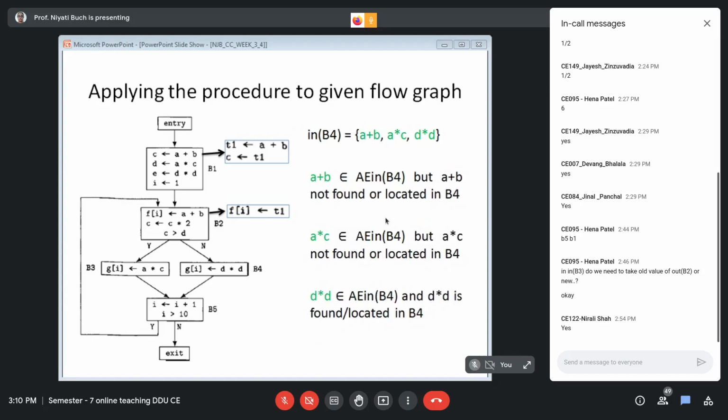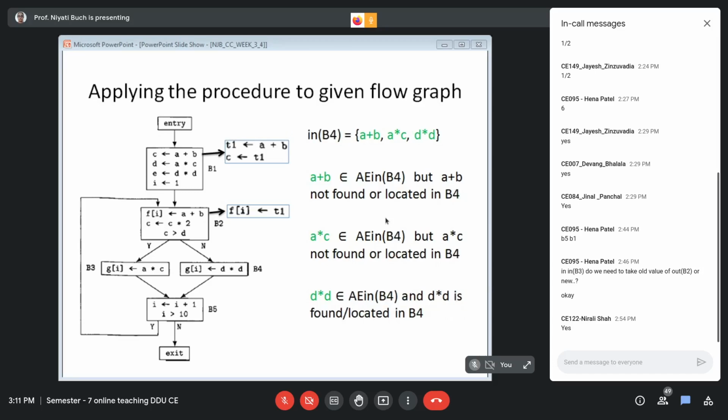For B3, I have not added that into the slide, so let's just keep it as it is. For A into C, let's just keep that on hold. And D into D is not computed in this block, so that will safely be skipped.